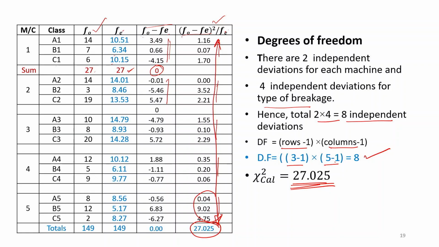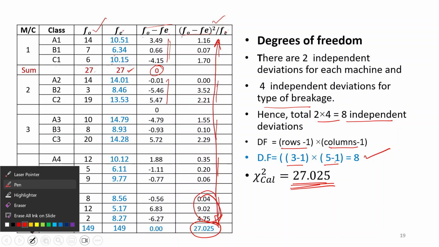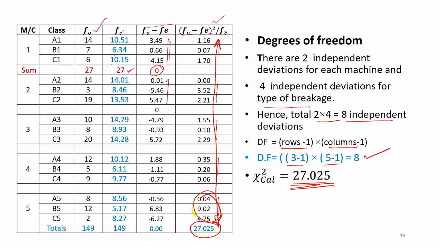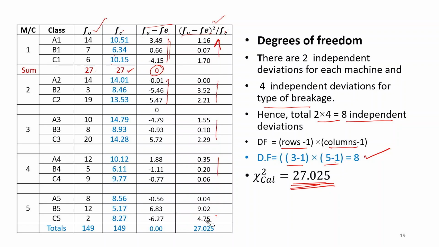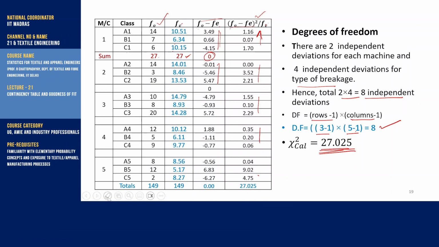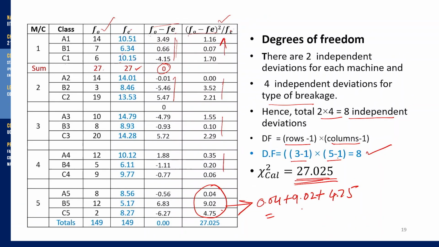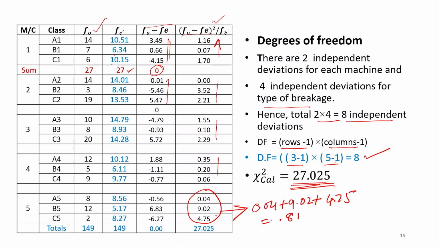So this subtotal, if we look at this, the total value of this figure will be how much? So 0.04 plus 9.02 plus 4.75. That gives you a figure of 13.81.